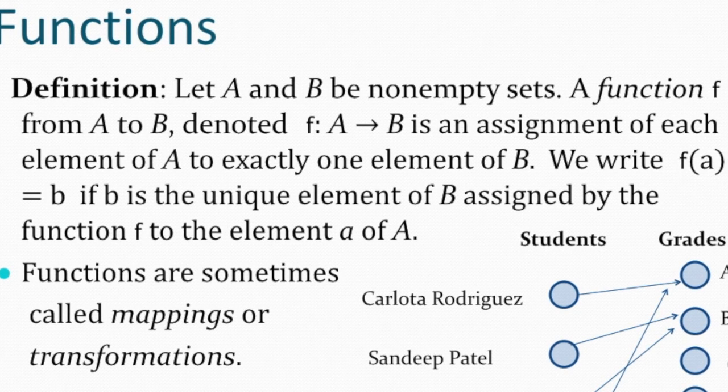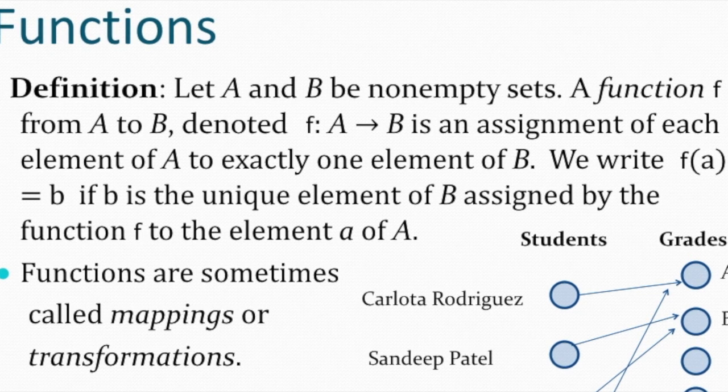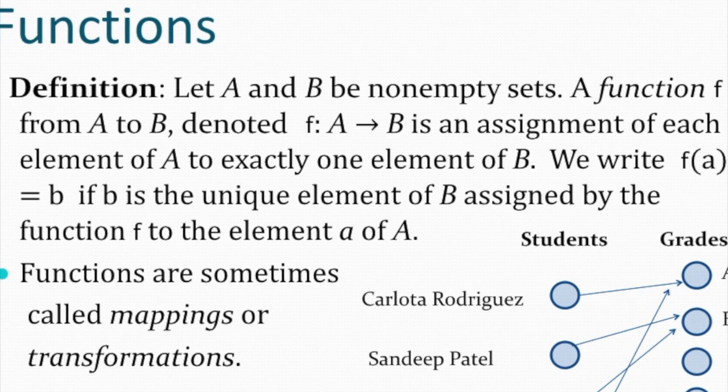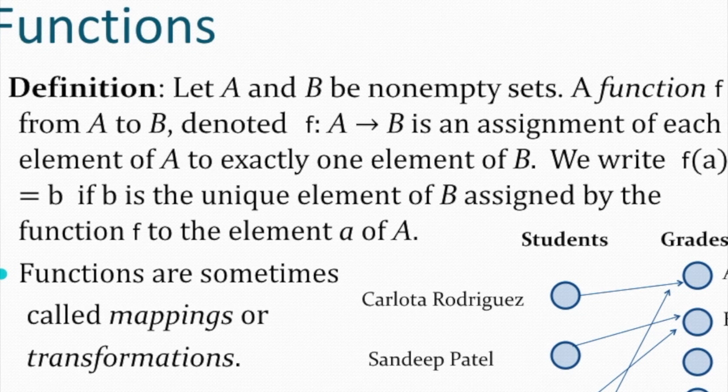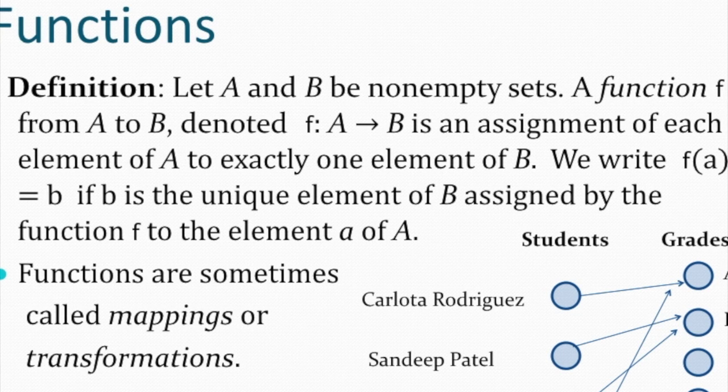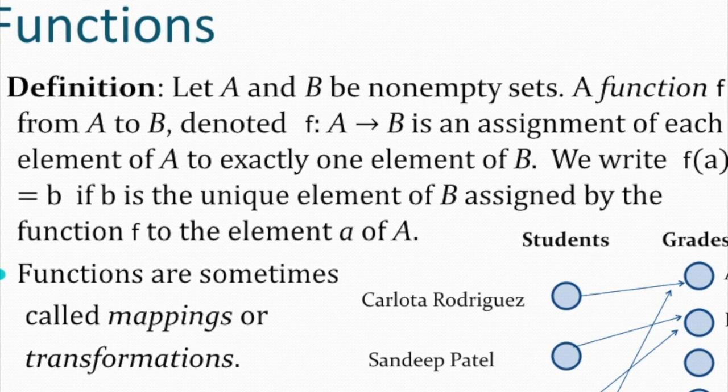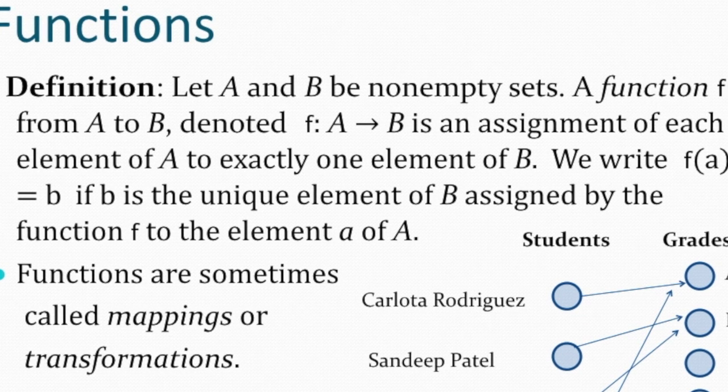Think of all the students in DT 255 as set A, and all the students in DT 249 as set B. Now I define a function to generate this mapping between them, and I say each student in DT 255 will be joined by a student from DT 249. This is what we mean by function.